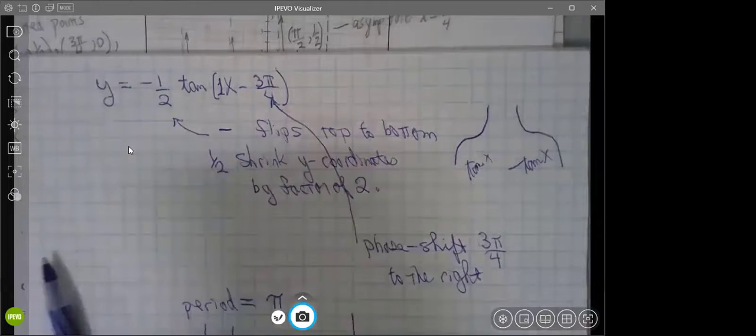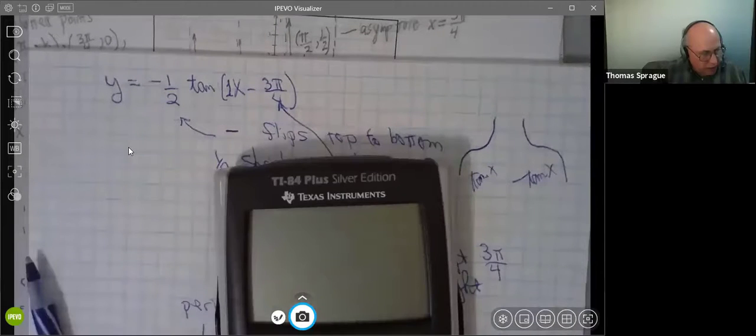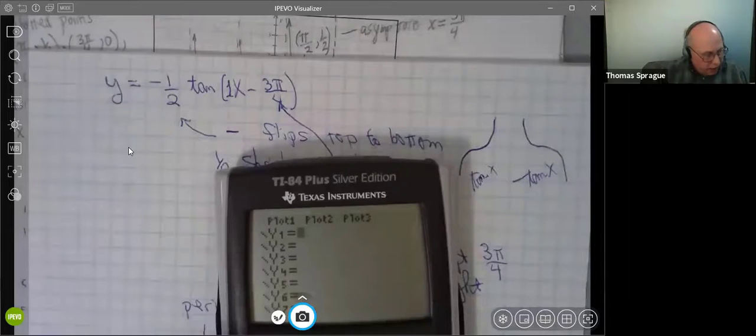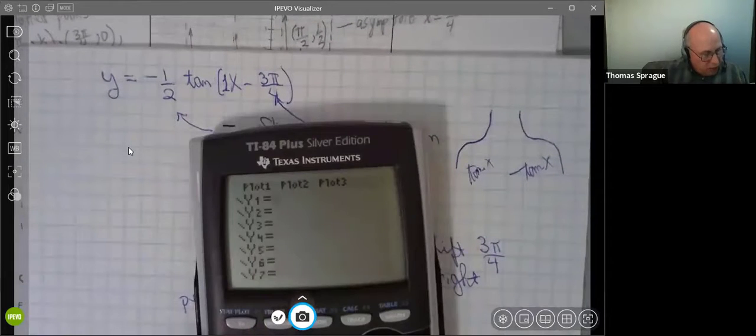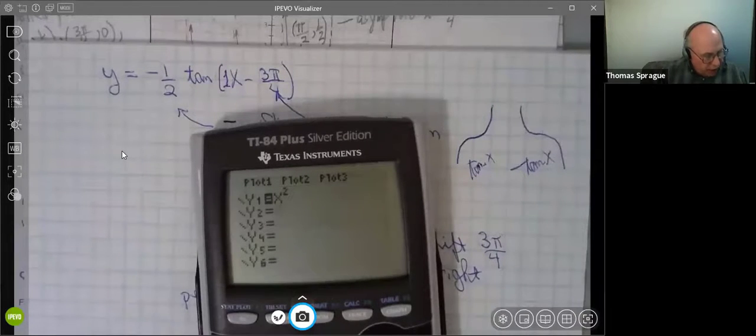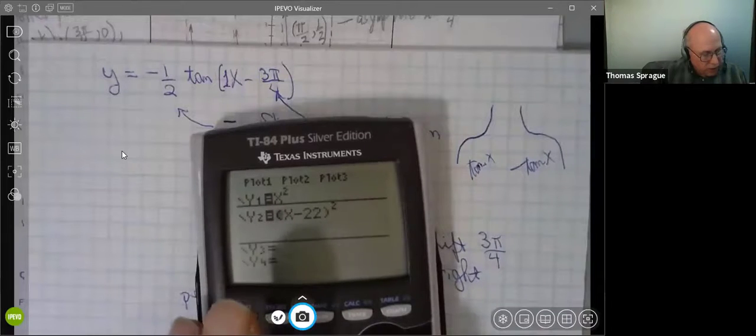Let me show you something easy, and you'll see it. Let's suppose I took this curve, y equals x squared. Now that's just a parabola that opens upward, right? And now this one, I'm going to take x minus 2 and square it.